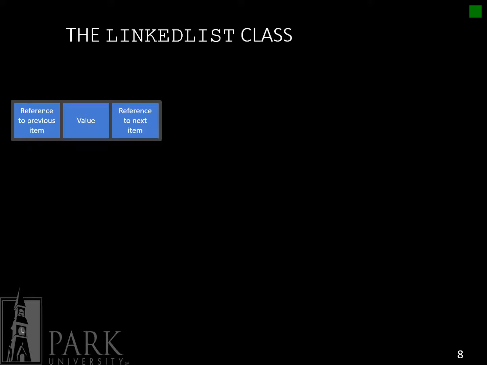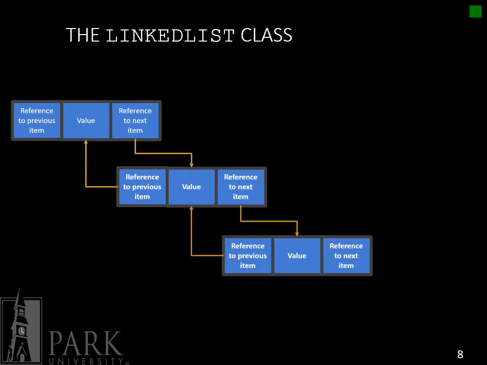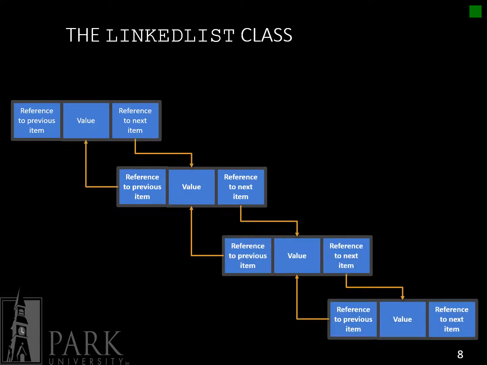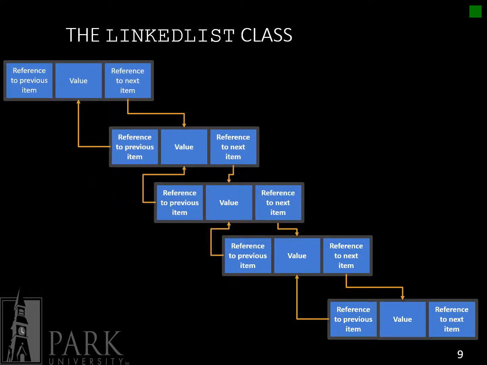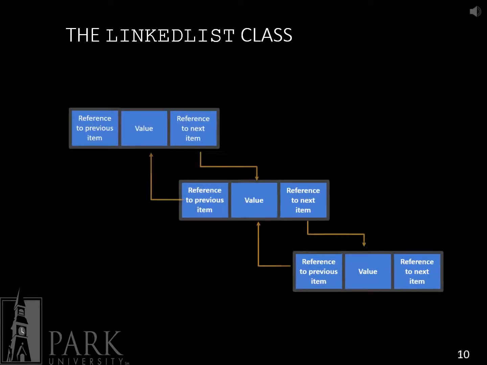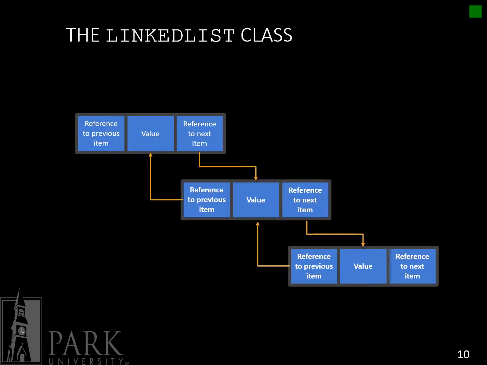And just like our linked list, we can add to our list by adding a node and updating our references. Or removing nodes. So a little more complicated than our original linked list, but it's not that bad.